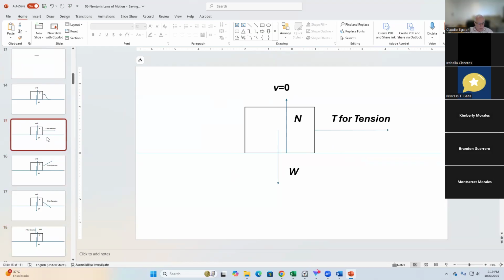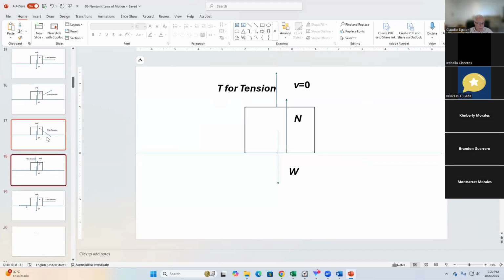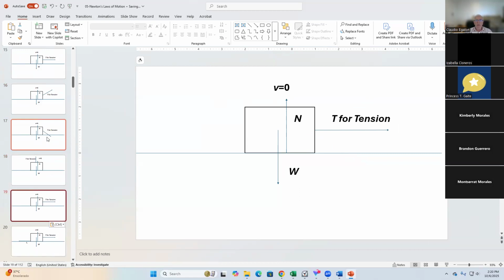But going back to this case here, if we apply a tension to this string in the horizontal direction, this object will tend to move unless there is another force countering this tension.